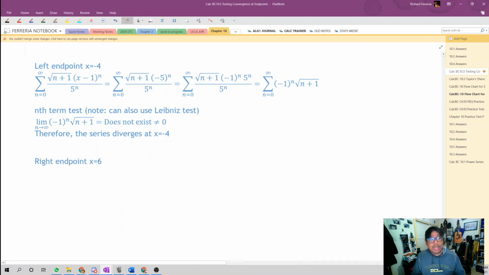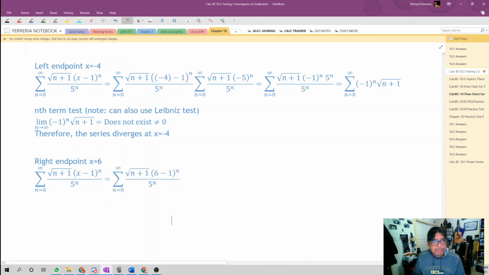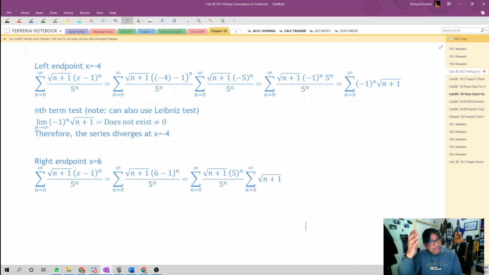Now it's time to check the right endpoint, x equals 6, and this is going to go along exactly the way we did the left endpoint. Start with the series that we started off with. Substitute the endpoint, x equals 6. Keep on simplifying, and now we can analyze. We've got the sum of square root n plus 1.